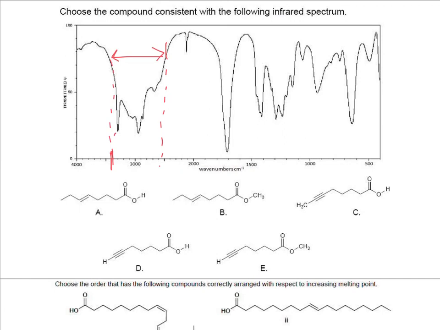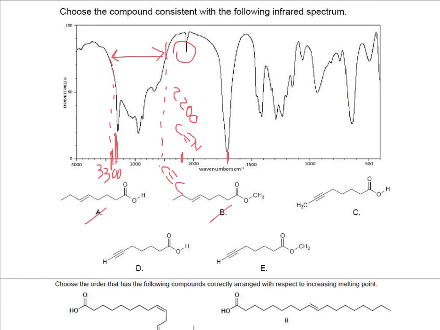There is one peak that you see, which is a strong peak, looks like around 3300. There is also a peak at 2200, so that should tell you it should be a C triple bond N or a C triple bond C. We don't have a nitrogen in any of the choices, but we do have a C triple bond C in 3 of them, so A and B automatically are out of the window.